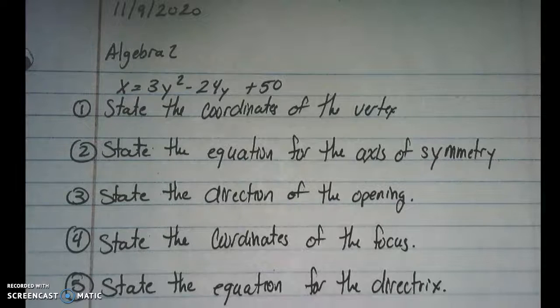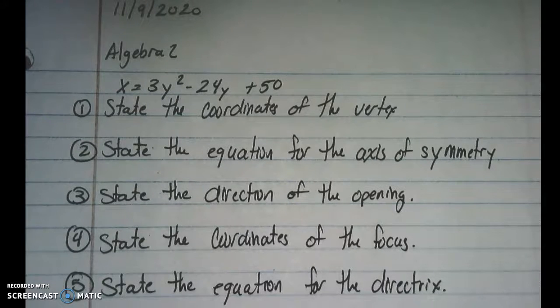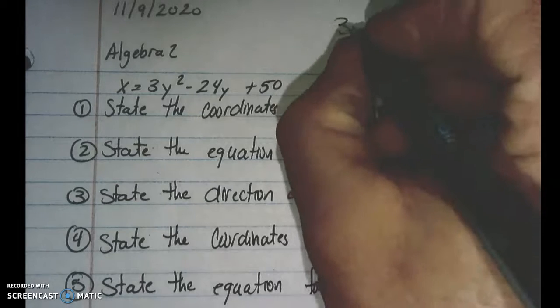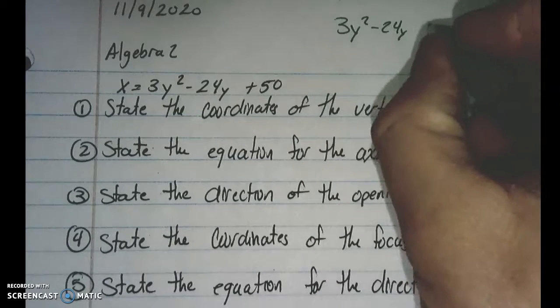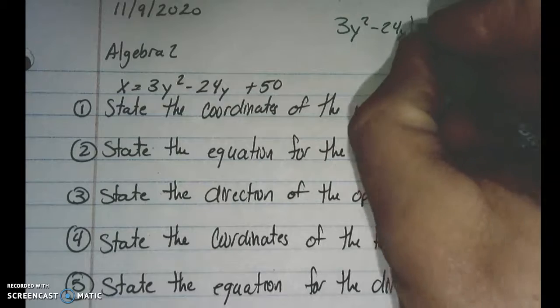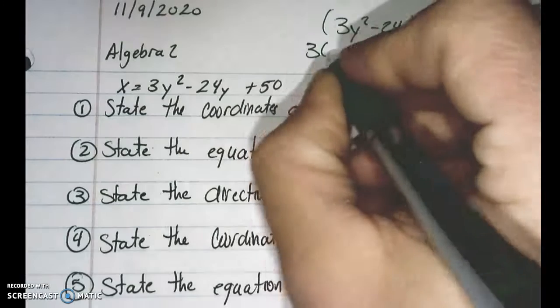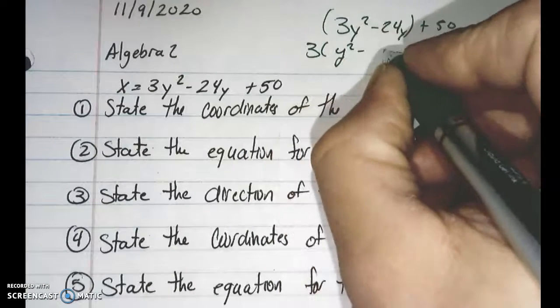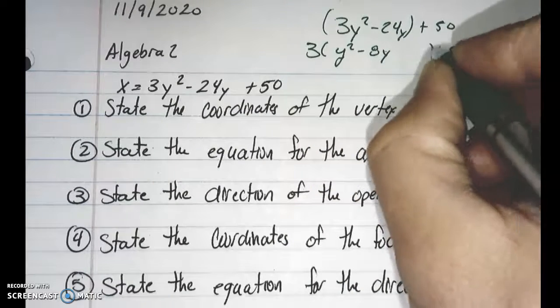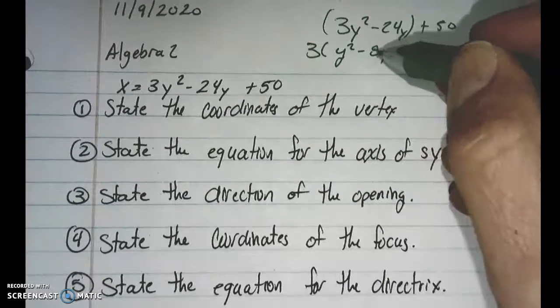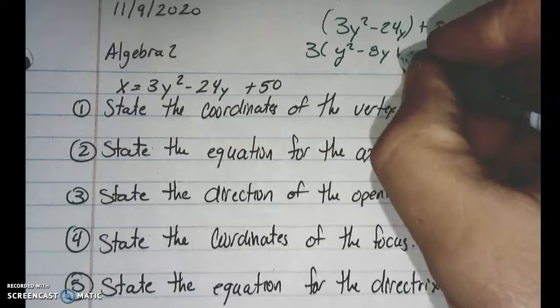Okay, so we're going to do this warm-up together real quick. State the coordinates of the vertex. So the first thing I would do is come in here and pull out the 3. So that gives me 8y plus 50. Then I'm going to take 8 divided by 2, which is 4. 4 squared is 16.